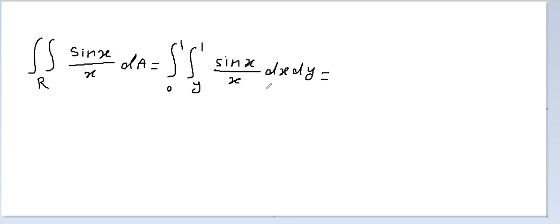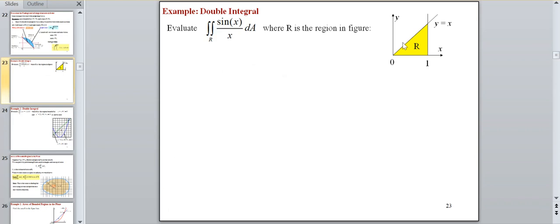So what to do? Here is the point. Look at the region again. The region R can be described in the form of case 1. It means I can say x is from 0 to 1, y is from 0 to x. So according to this description, we can switch the order of integration.